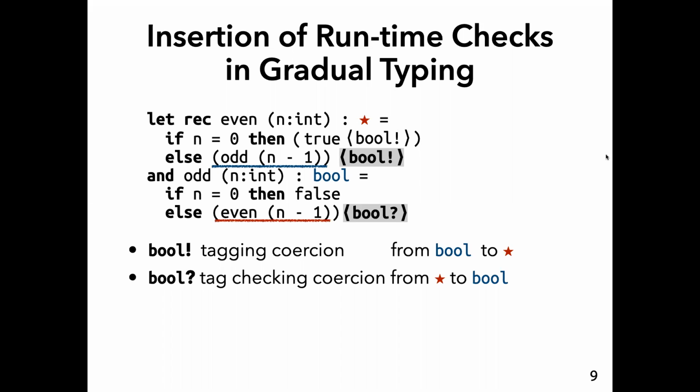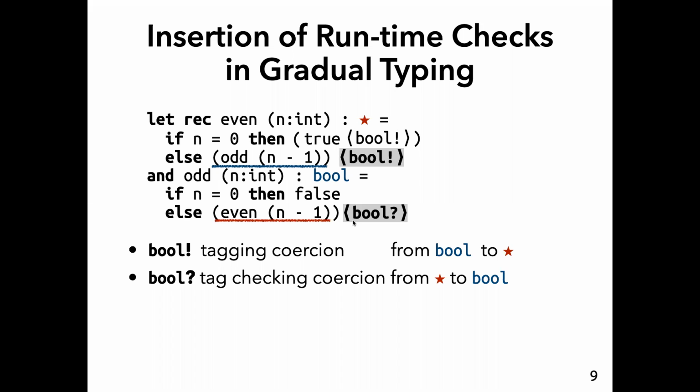First, we need a tagging coercion, the blue part. This blue part has the Boolean type, but the return type of is even is the dynamic type. So we need a coercion from the Boolean type to the dynamic type.